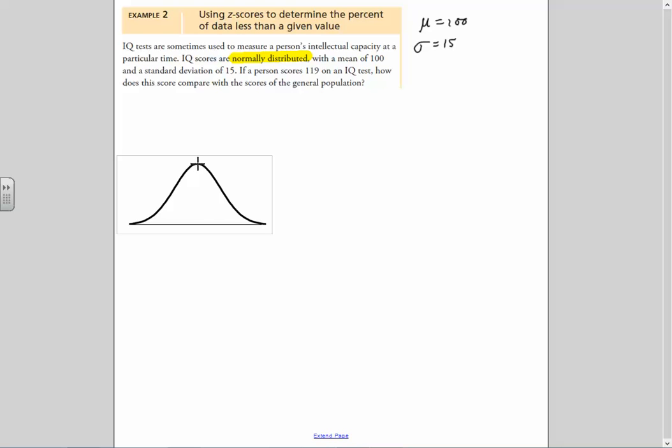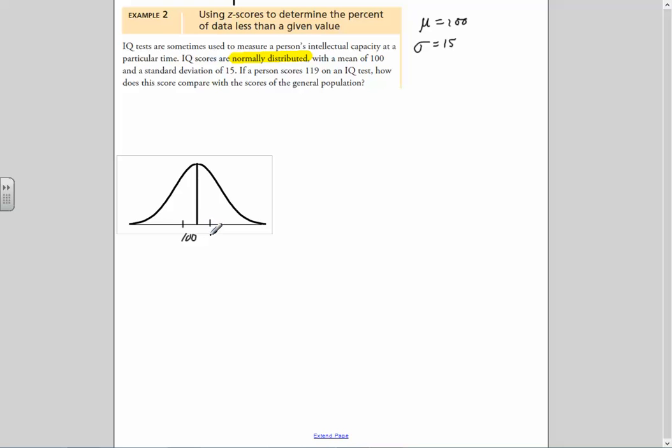Now remember, back to our bell-shaped curve, the mean should be in the middle. So our mean will be here. And if we consider deviation points out, that will be one deviation below, one deviation above.